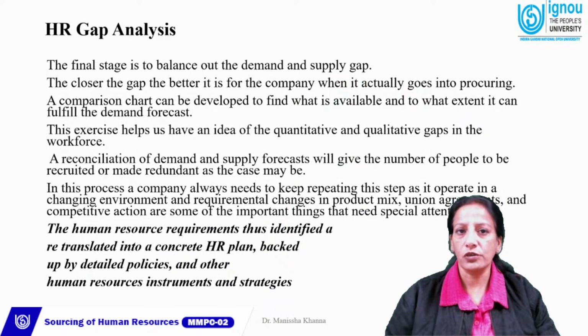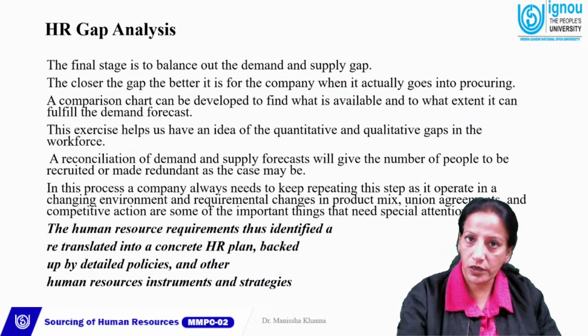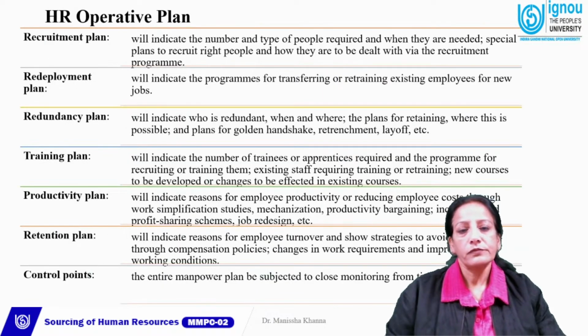In this process, a company always needs to keep repeating this step as it operates in a changing environment, because change in workforce, inclusivity, diversity, rapid technological advances, the product mix, union agreements, or competitive action are important things that need special attention.